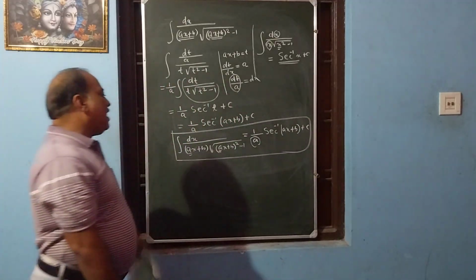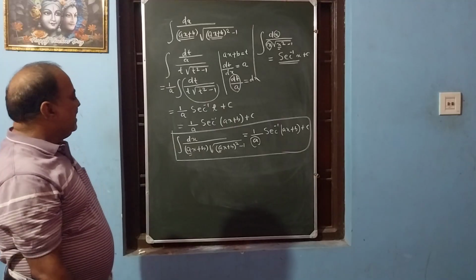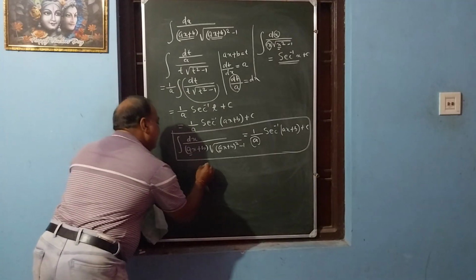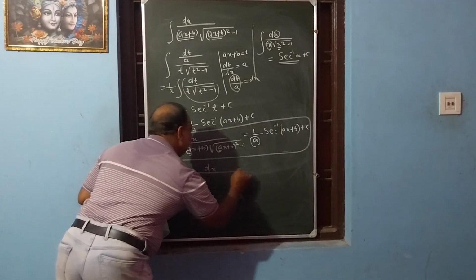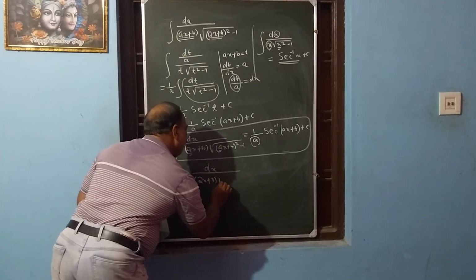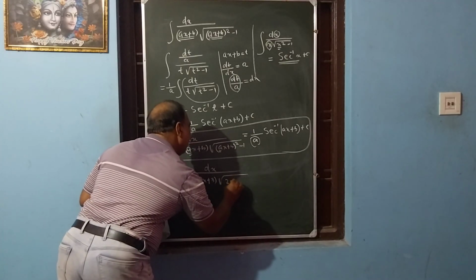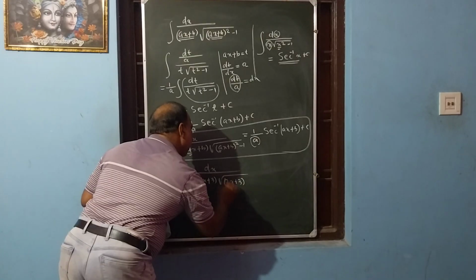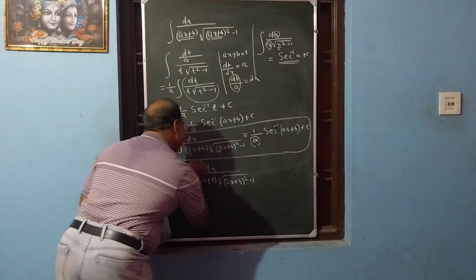So using this formula, we have to give one example. Dx by (2x plus 3) root over of (2x plus 3) whole square minus 1 integration.